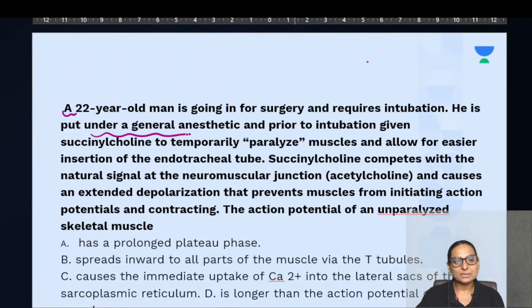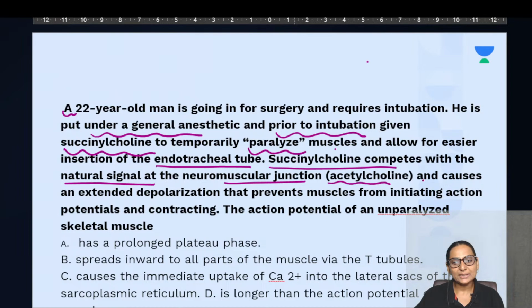He is put under a general anesthetic, and prior to intubation, he is given succinylcholine to temporarily paralyze the muscles so that there is an easier insertion of the endotracheal tube. Succinylcholine competes with the natural signal at the NMJ, that is acetylcholine, and causes a persistent depolarization. We know this, the function of succinylcholine, that prevents the muscles from initiating action potential.